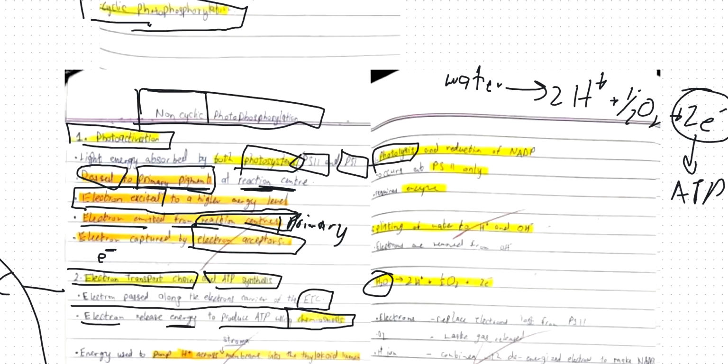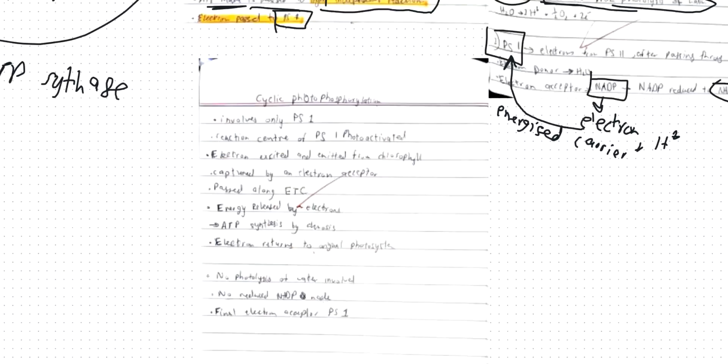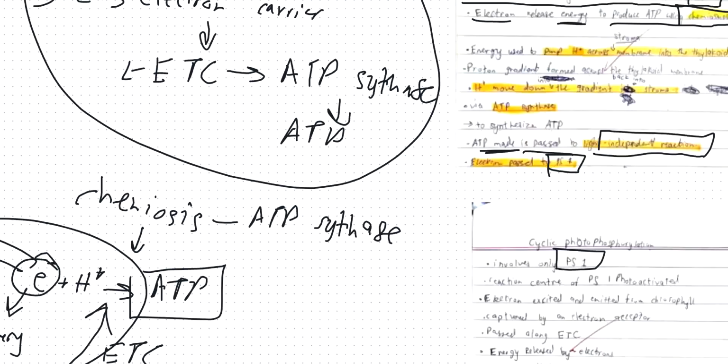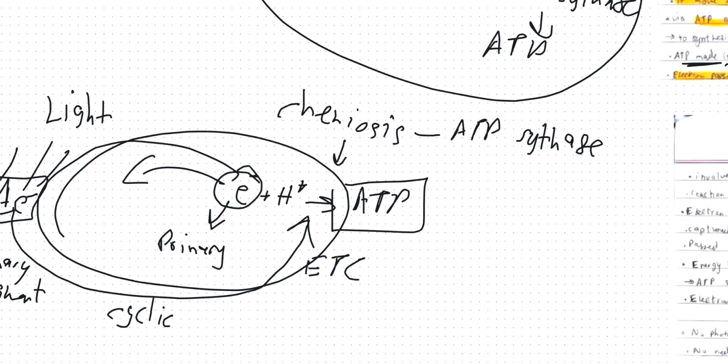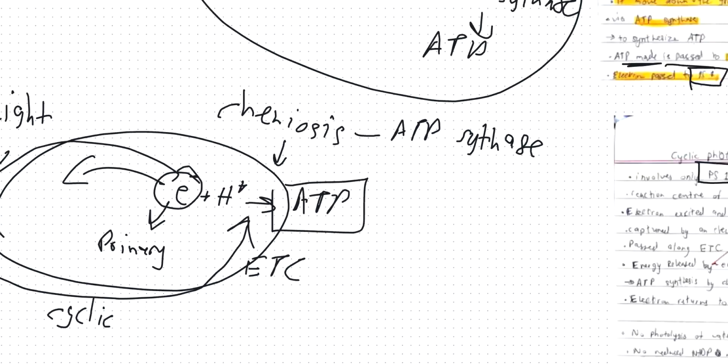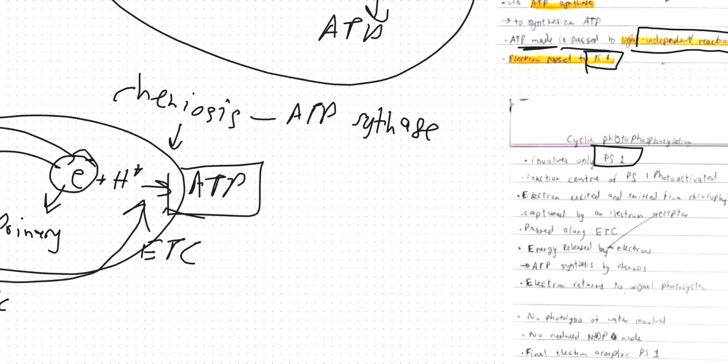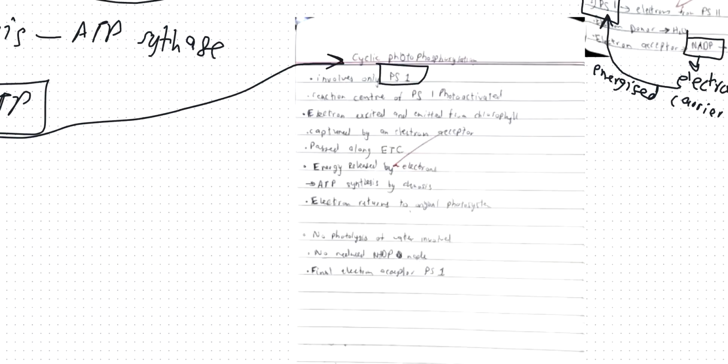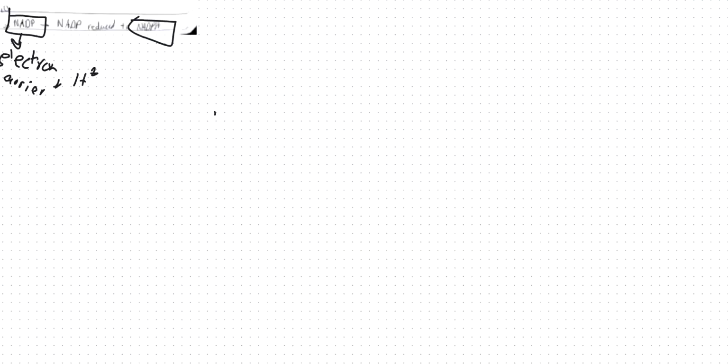Cyclic photophosphorylation only involves photosystem 1. This cycle, where electrons get energized and de-energized, is also happening in cyclic photophosphorylation. So what's the difference between cyclic and non-cyclic?